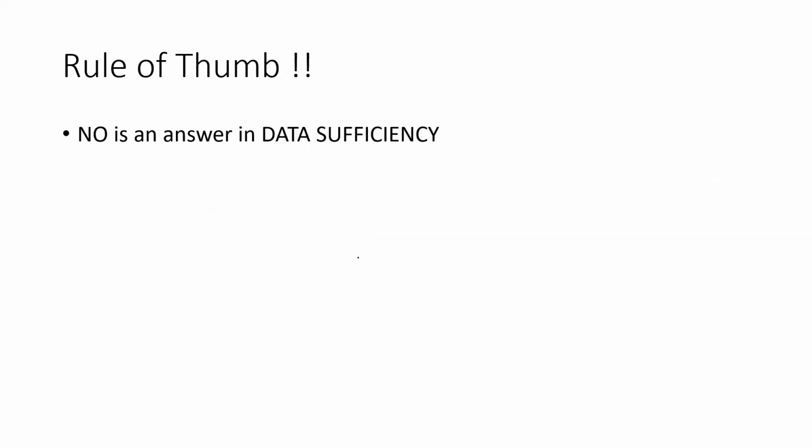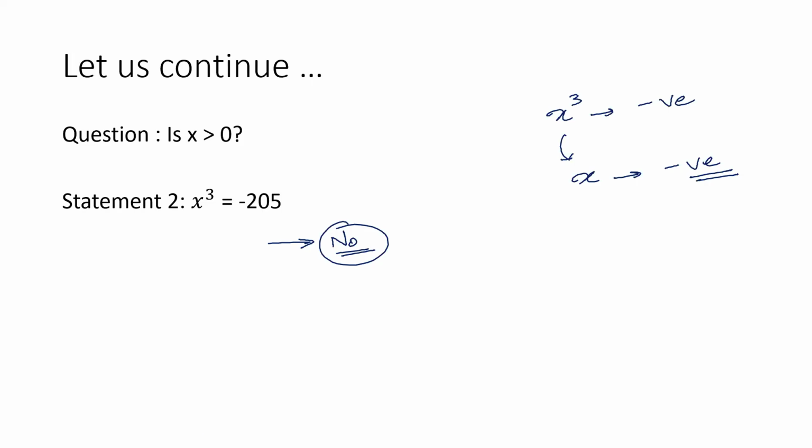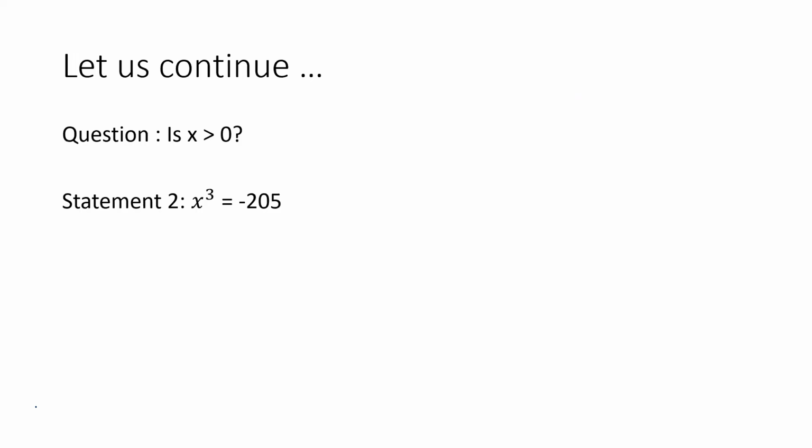Now, the rule of thumb: no is an answer in data sufficiency. All right. So for the previous question, it was, is x greater than 0? The first statement I gave you was x cube is equal to 105. The second statement was x cube is equal to minus 205.